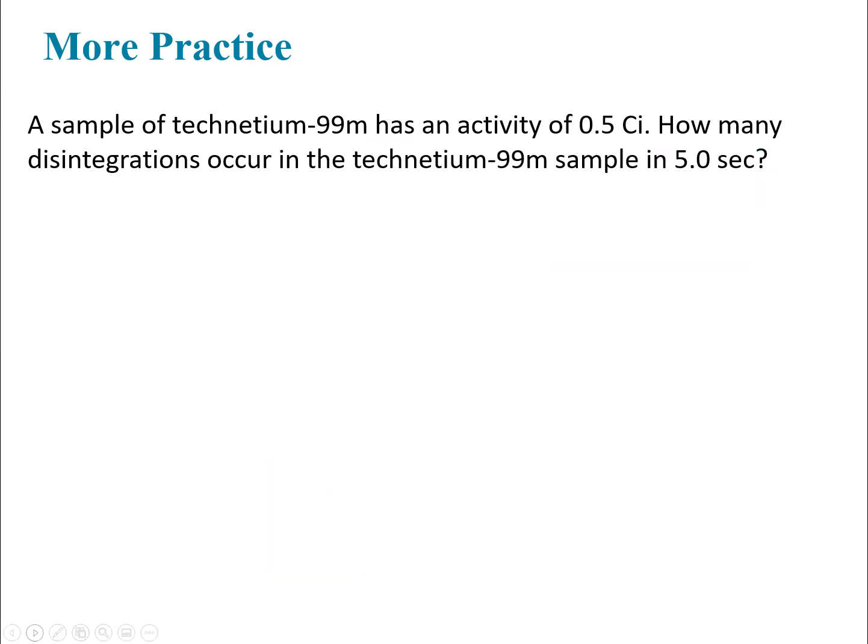Okay. So now we have a sample with an activity of 0.5 curie. And we want to figure out how many disintegrations there are. So without doing any math, do we expect the number of disintegrations to be more or less than what we had on the previous slide, where we had 1.5 curies of activity? More or less?